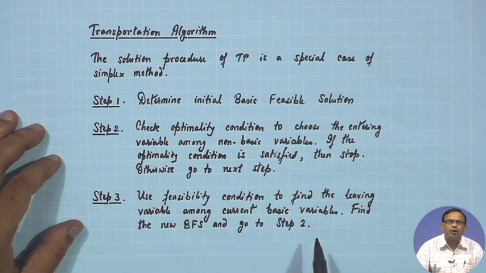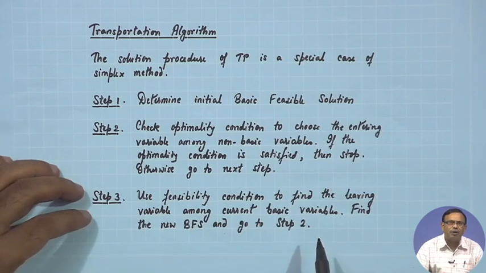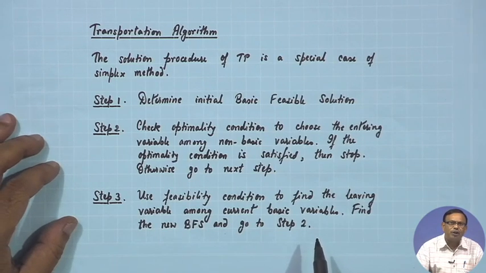In step 2, we check the optimality condition to choose the entering variable among non-basic variables. If the optimality condition is satisfied, we will stop, otherwise we go to the next step and use the feasibility condition to find the leaving variable among current basic variables. Then find the new basic feasible solution and go to step 2.